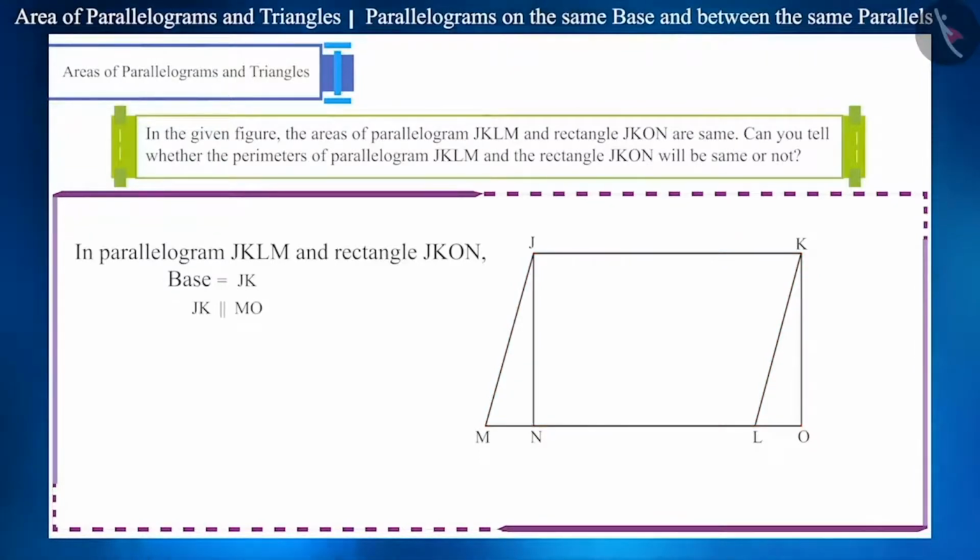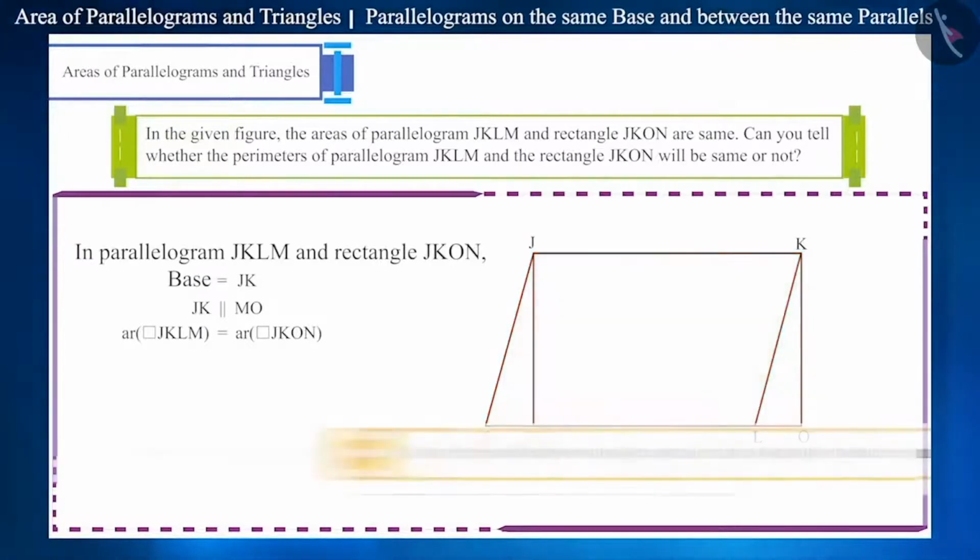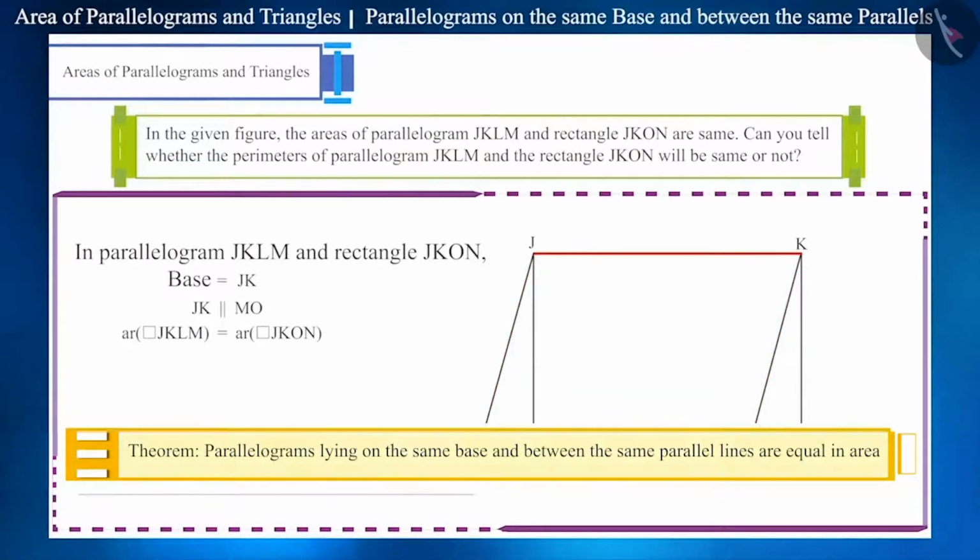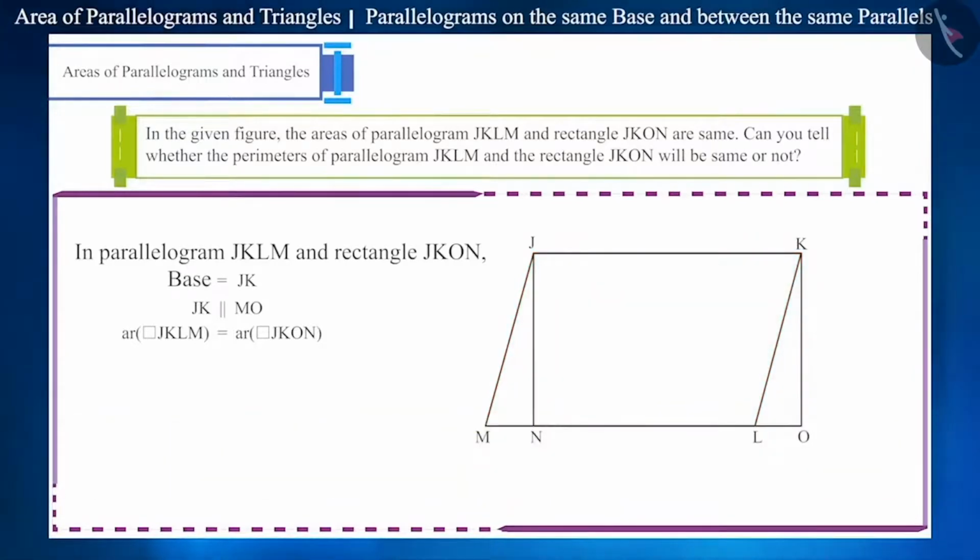We know that the area of these two parallelograms will be equal. Can you explain why? Yes, because the areas of parallelograms lying on the same base and between the same parallel lines are equal. But can we say the same for their perimeter as well?